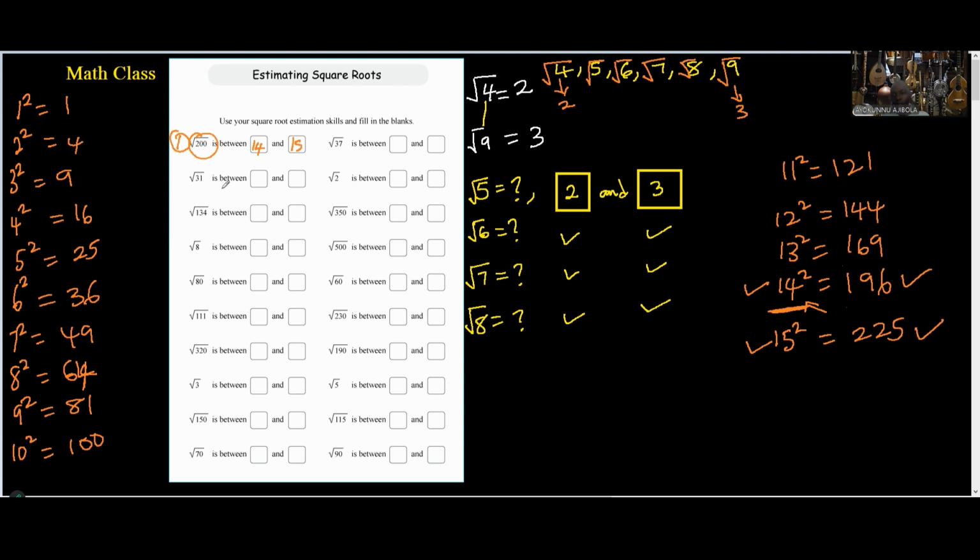Now let's check the second one. It gave us 31. Now, what number below 31 has a square root? Let's check this.